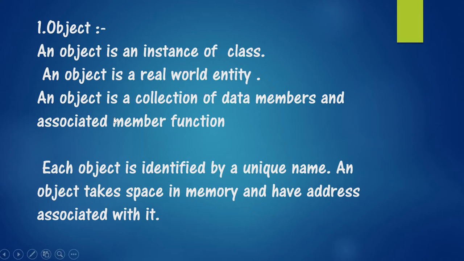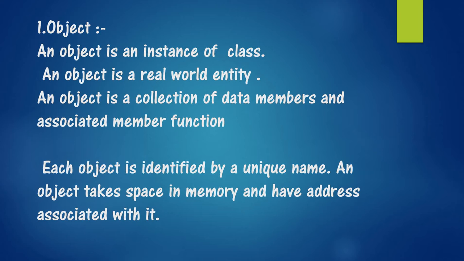Then in C++ terms, an object is a collection of data members and associated member functions. This data member means its characteristics. Suppose one student, and we are reading and printing the details of a student. Then what are all the details of the student?